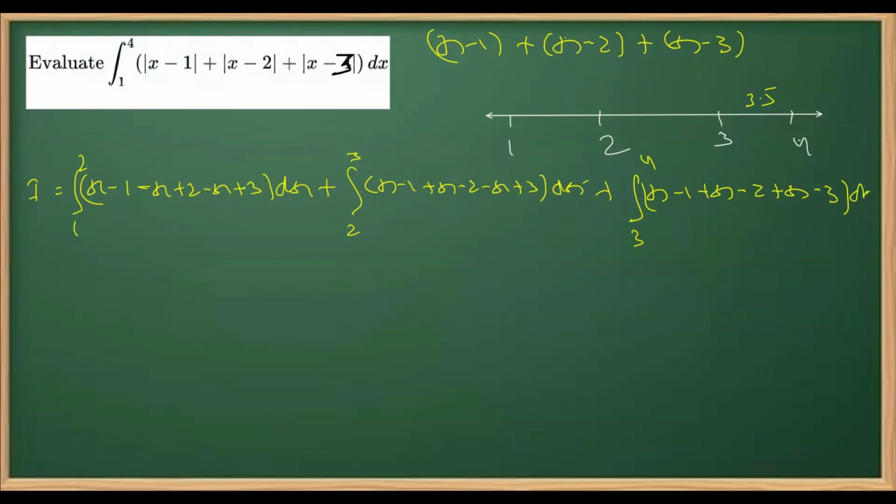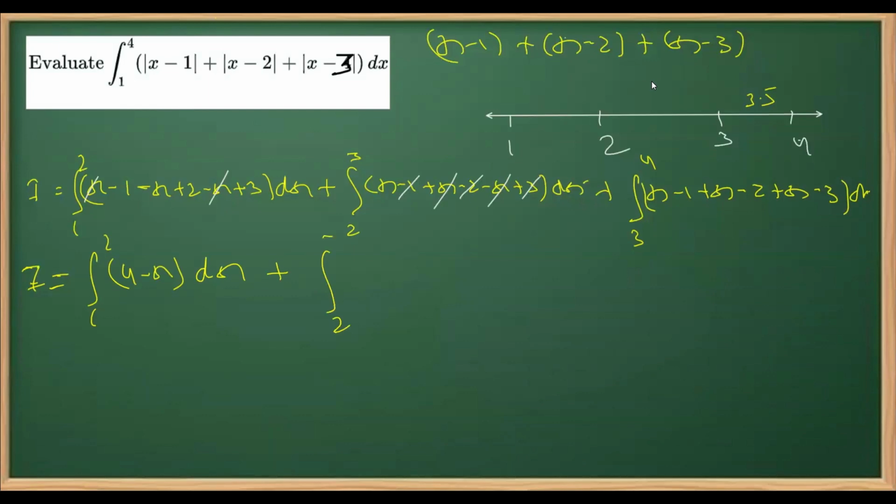Now what is getting cancelled here? Minus x plus x. Here minus 3 and 3 get cancelled, and then x also gets cancelled. Here nothing is getting cancelled. Now for I equal to the integration from 1 to 2, what we are getting is 3 plus 2, 5 minus 1, that is 4 minus x dx.